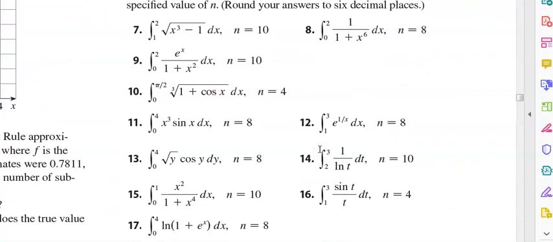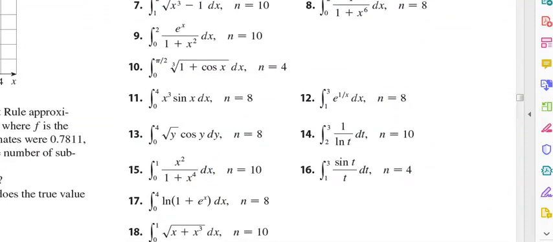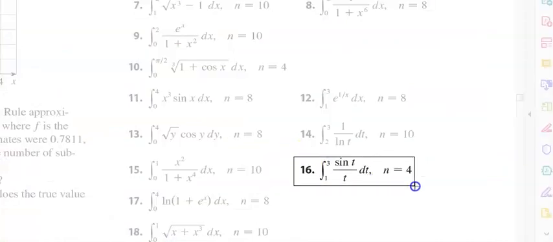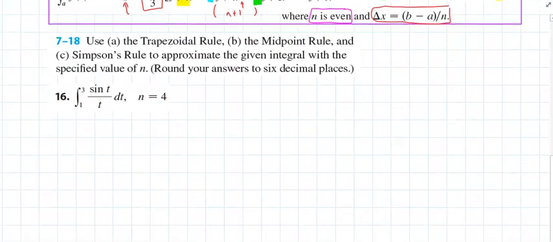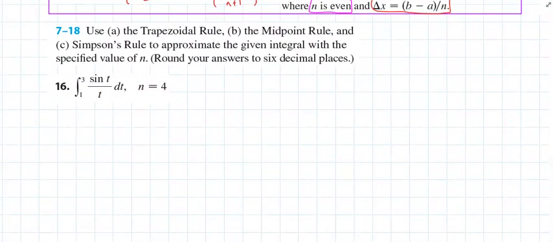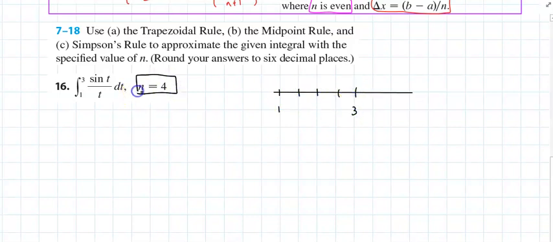Let's pick number 16. On your test, I could pick any of these problems, but I'll choose n to be small, 4 or 5 at most. So I have this interval running from 1 to 3, and I'm cutting this into 4 subintervals.